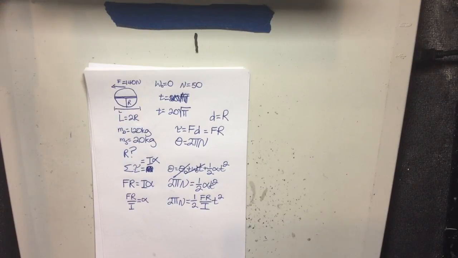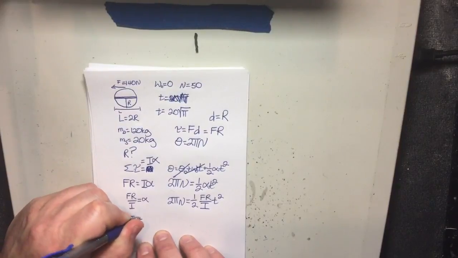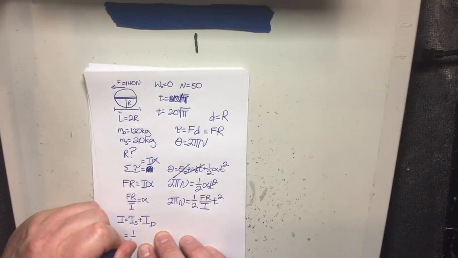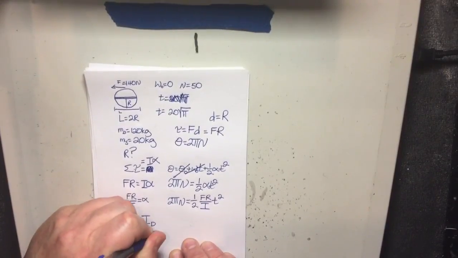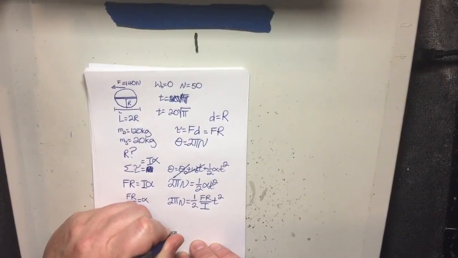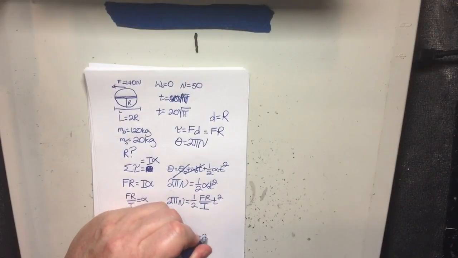Like mass, you add moments of inertia together. I of the stick is 1/12 ml squared, and of the disc 1/2 mr squared. L is equal to 2r.